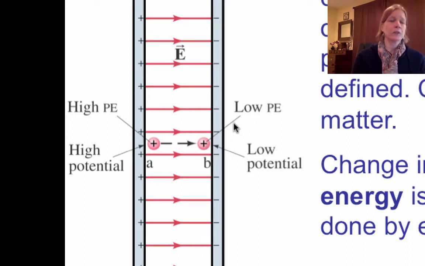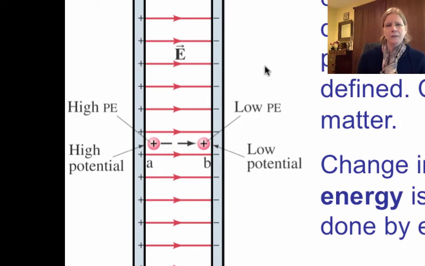So that is a region of relatively low potential energy. That's where the charge would be moved to if the electric field is allowed to move the charge. That's the direction it'll move in. All right, so what do we see? We see for a positive charge, if it's in a region of high potential, it experiences high potential energy. If it's in a region of relatively low potential, it has relatively low potential energy.